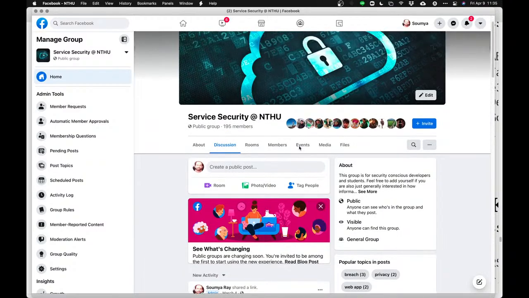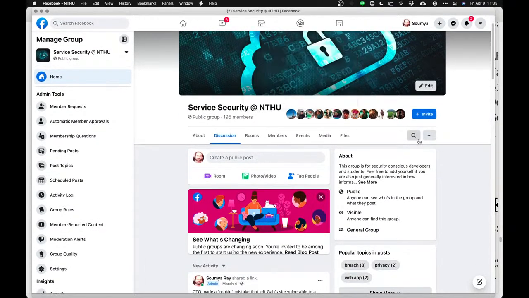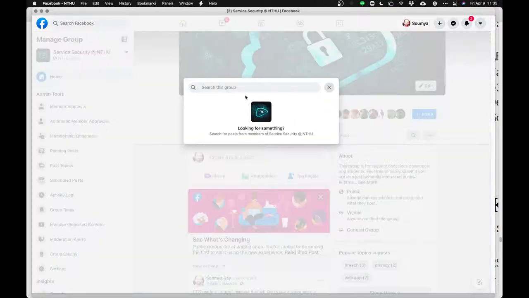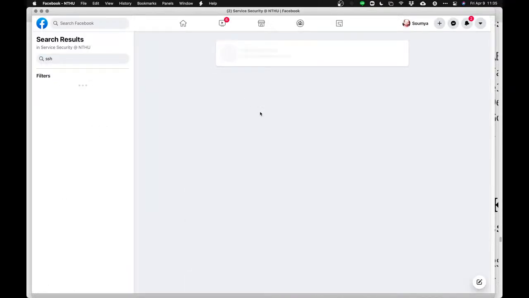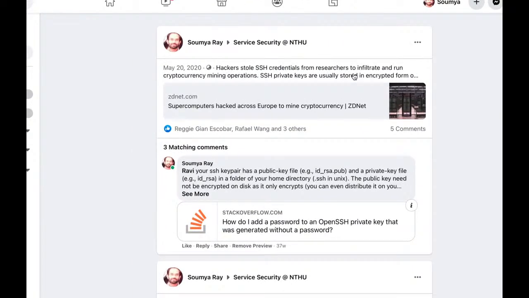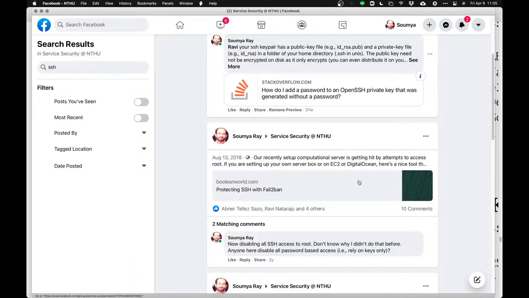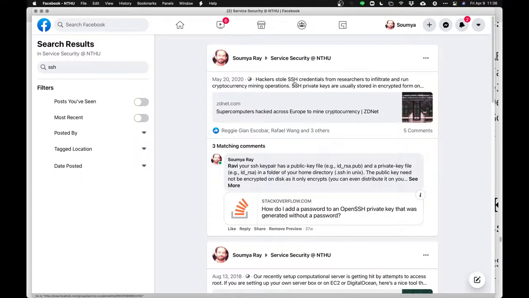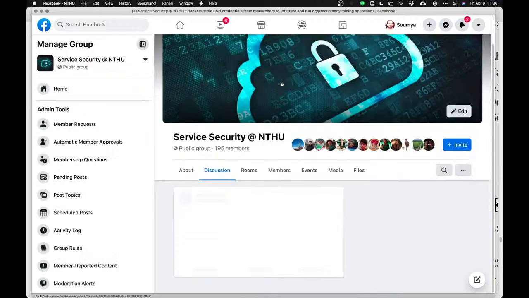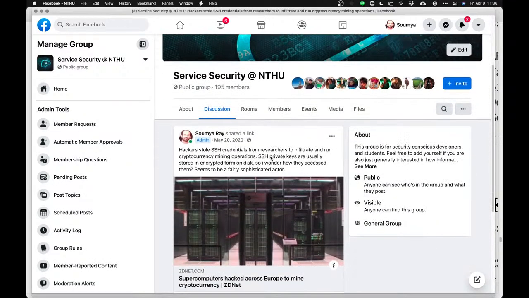How do I search just one group? This one. Okay. And let's search it for SSH. Hold on. Okay, I'll try to post this online later.